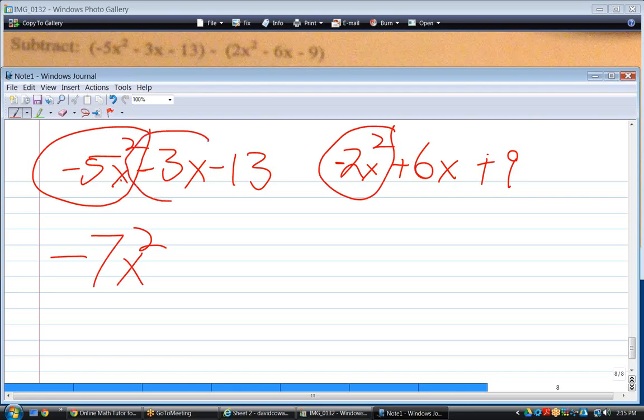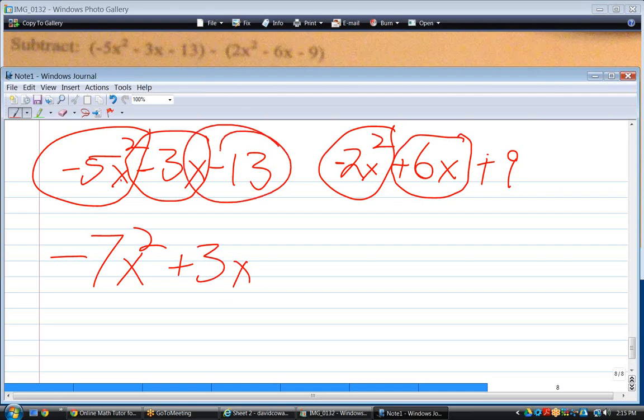I've got a minus 3x and a plus 6x. What is that? Plus 3x. You can't drop the plus sign when you're in the middle of a polynomial. You've got to put the sign on it. And then what is minus 13 and plus 9? Negative 4. There's your answer.